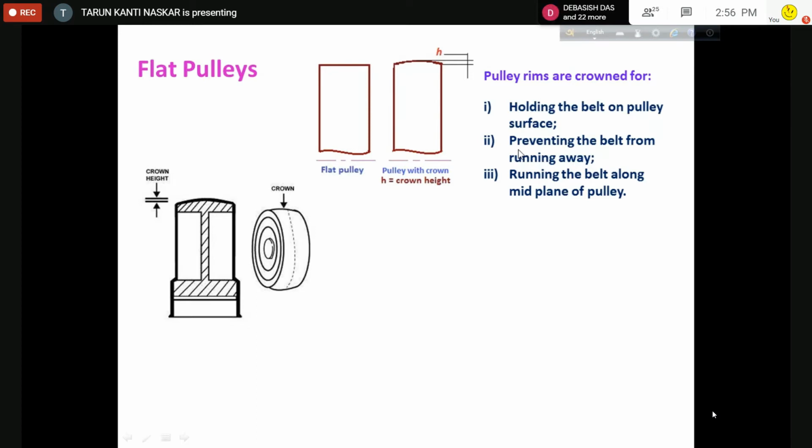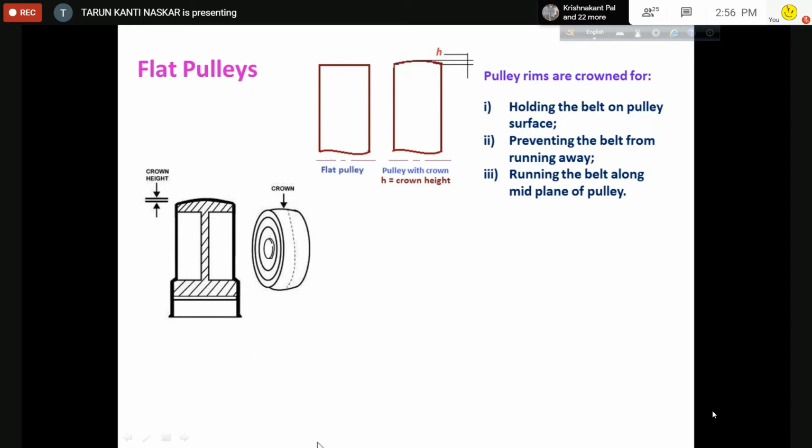Now why is this crowned? Suppose this is one pulley and on another side there is a pulley, and both pulleys are flat, completely flat, not crowned. So what will happen when the pulley runs and there is a surface speed of the belt, and it is high speed, the belt may just fly away from the surface of the pulley.